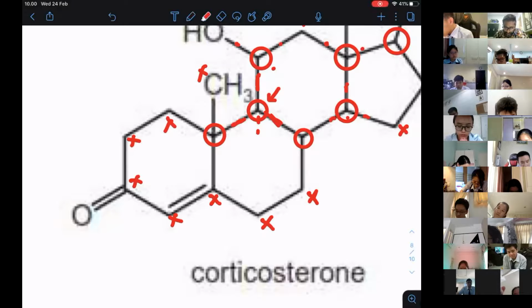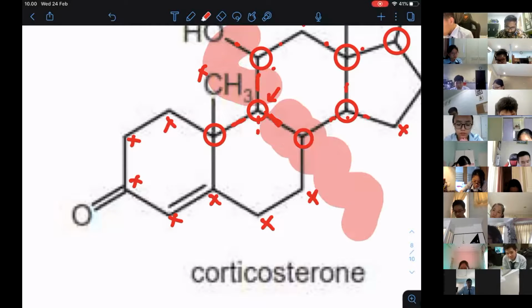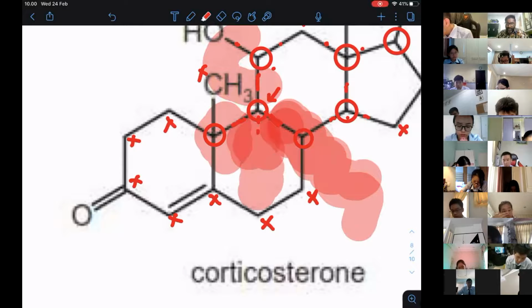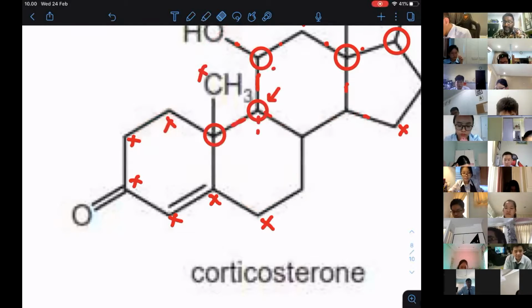If I want to say this is one group, you ignore this, you ignore this, and then you want to find out whether this is different or not. You just think about this hydrogen only, and whether this is different. As long as they are different. Of course it's messy now. I do not know how to explain in a better way.